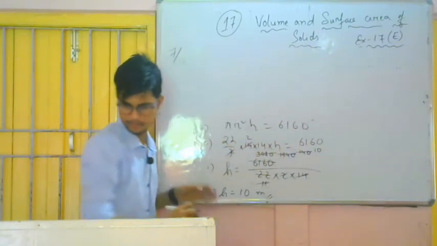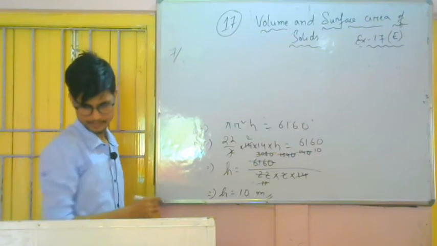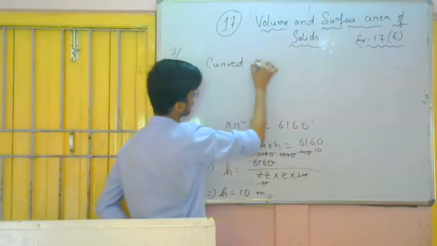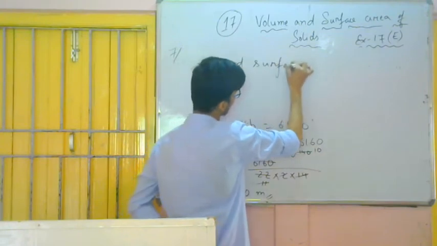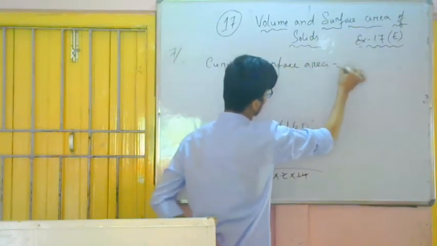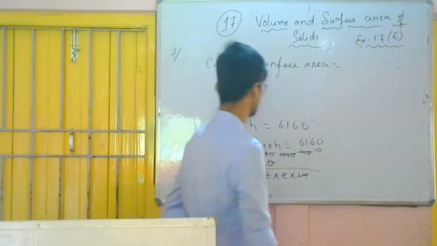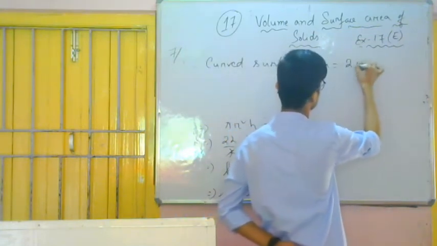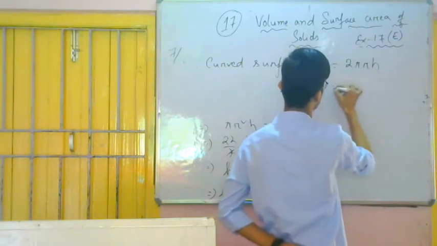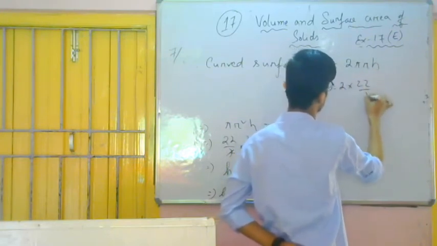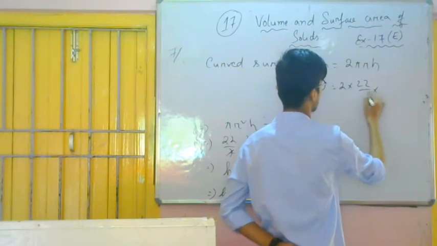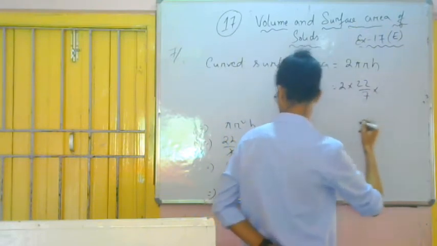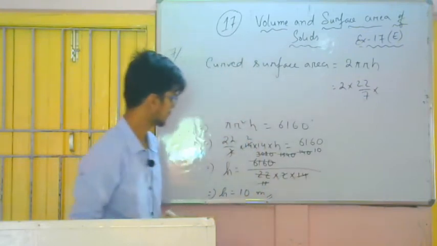Now I will find, the question is to find the curved surface area. Therefore curved surface area will be equal to 2 pi r h, 2 into 22 by 7 into r. What was the value of r?